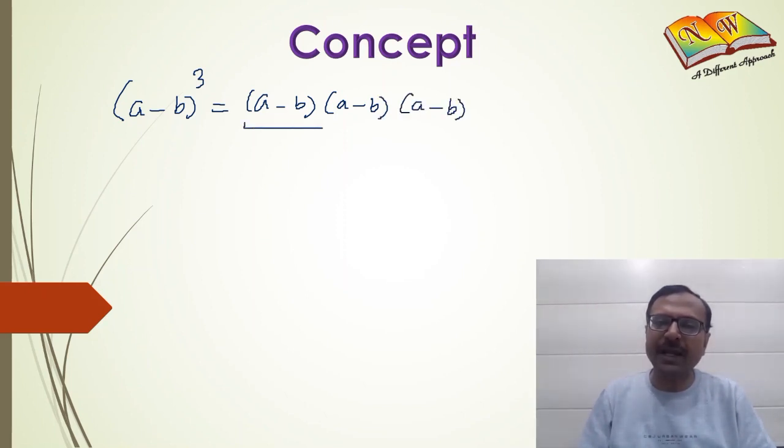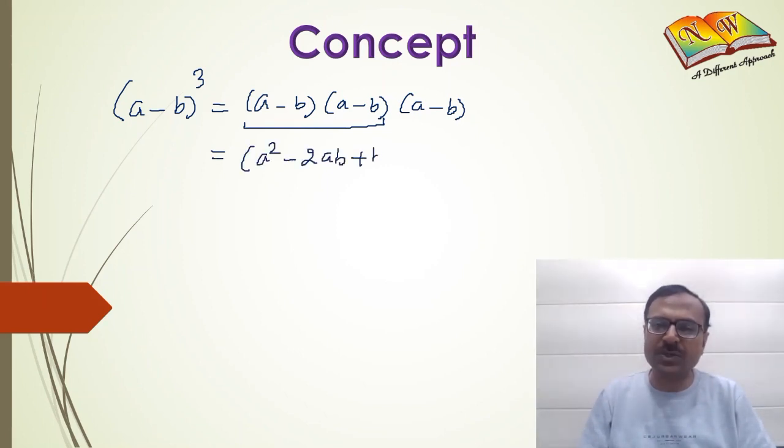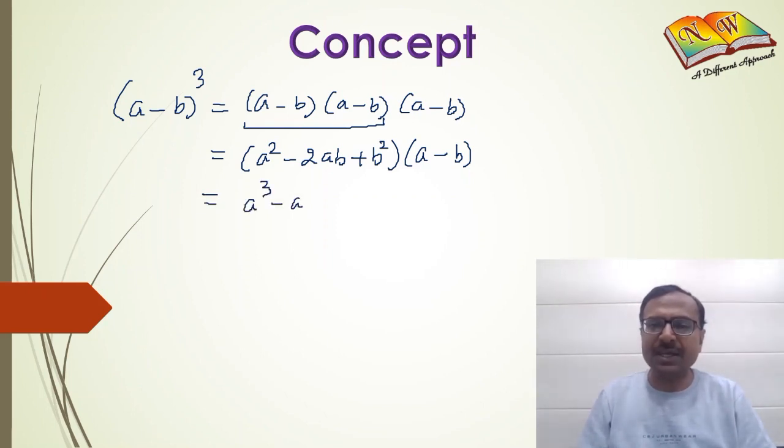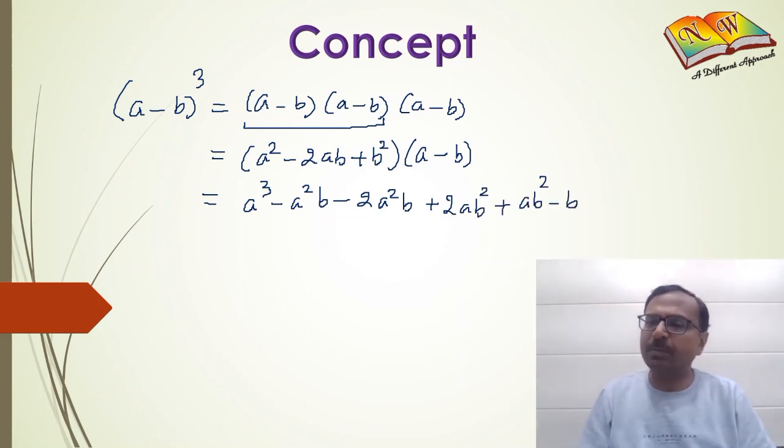When you multiply two brackets, you will obtain the product a square minus 2ab plus b square, and when you multiply that by the next term, that is a minus b, you get six different terms: a cube minus a square b minus 2a square b plus 2ab square plus ab square and minus b cube.